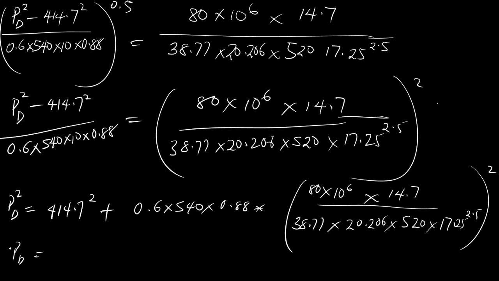Now we have 414.7 square plus 0.6 times 540 times 0.88 times bracket open 80 times 10 raised to power 6 times 14.7 divided by 38.77 divided by 20.206 divided by 520 divided by 17.25 raised to power 2.5.